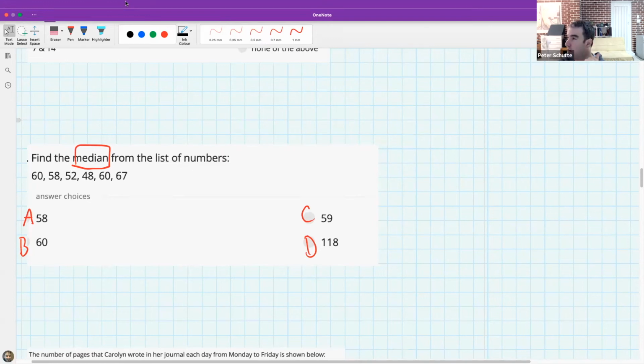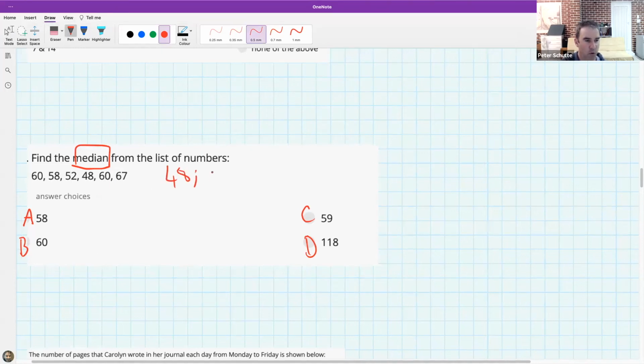Ask yourself, what is the first thing you do when you're finding the median? Earlier on in the lesson, I remember somebody said you always organize it from smallest to biggest. If it's already organized for you, you just say, thank you, teacher, moving on. But if it's not ordered, you need to order it first.